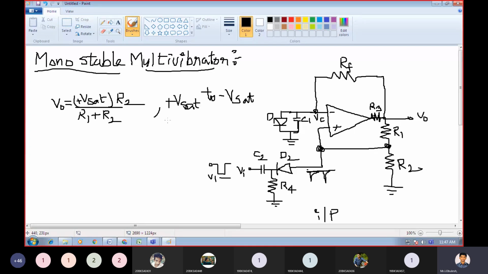So the diode will now be reverse biased, and the capacitor starts discharging exponentially to minus V saturation, which will be discharging up to minus V saturation through feedback resistor RF.